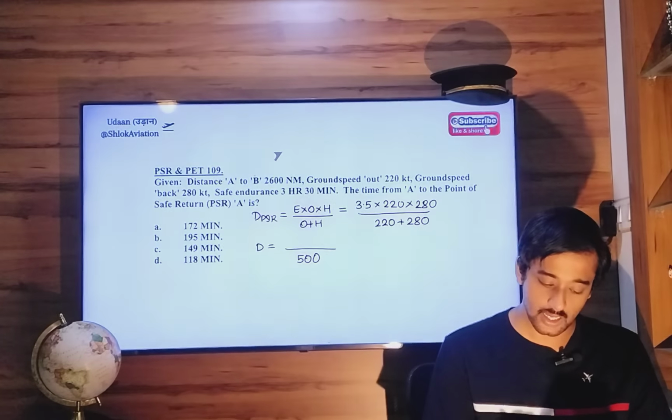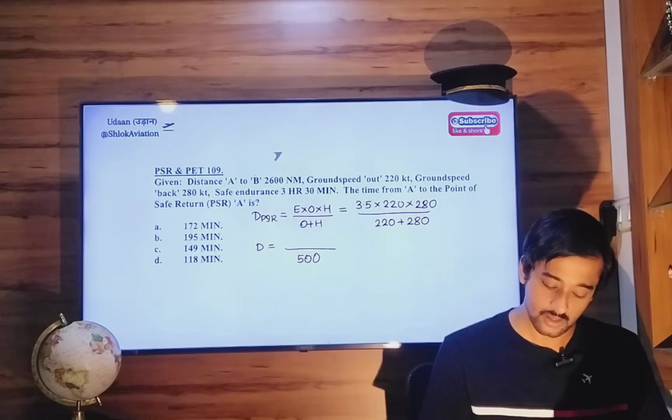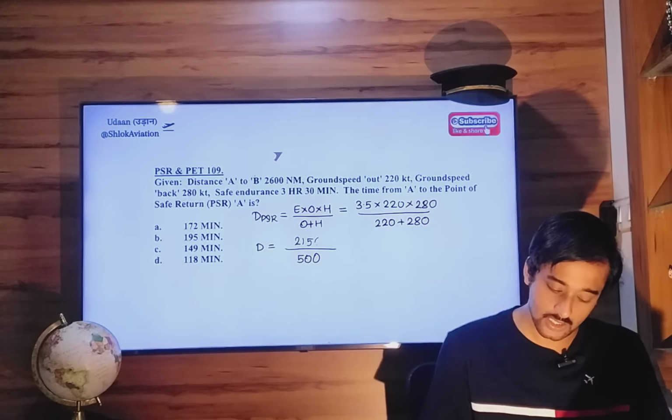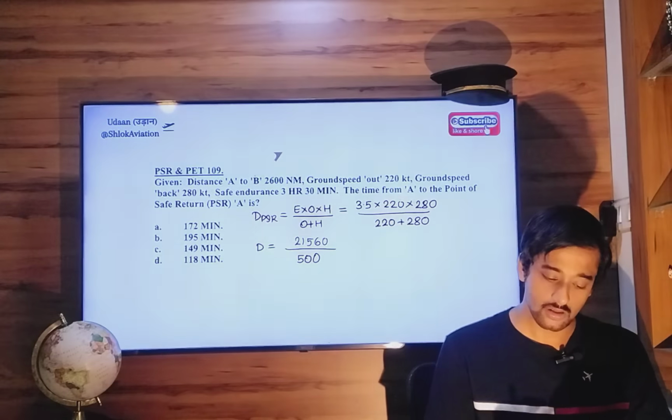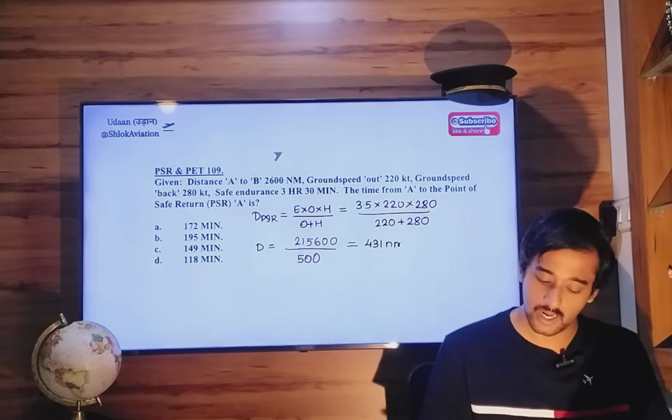In the numerator, 3.5 into 220 into 280, 215,600. That is equal to 431 nautical miles.